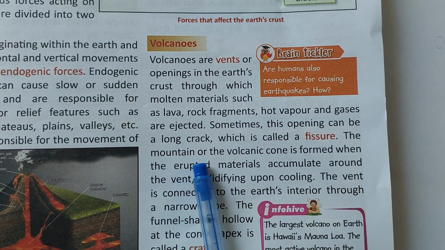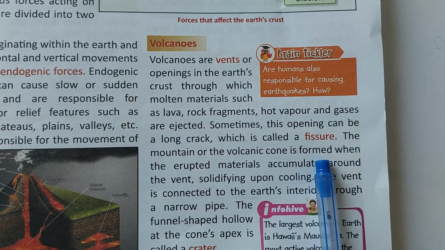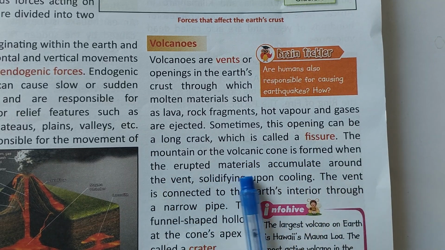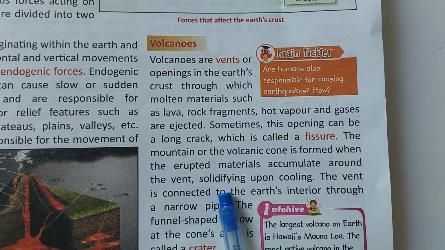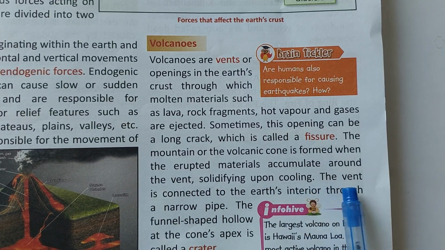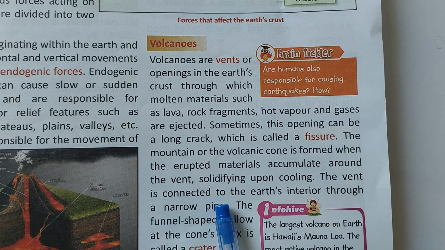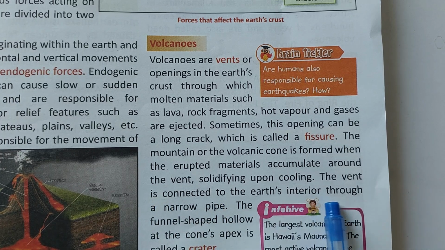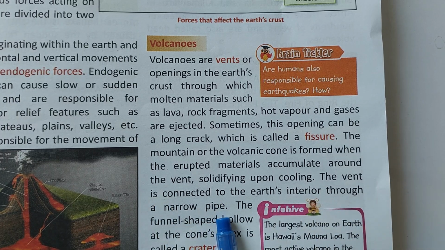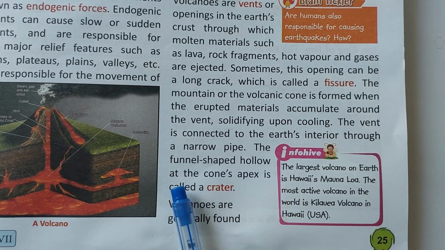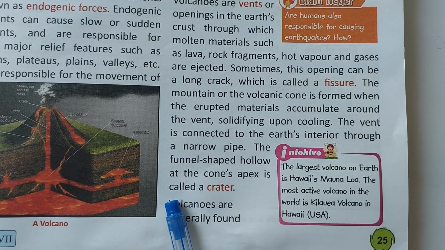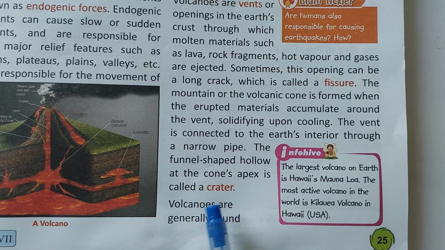The mountain or the volcanic cone is formed when the erupted materials accumulate around the vent, solidifying upon cooling. The vent is connected to the Earth's interior through a narrow pipe. The funnel-shaped hollow at the cone's apex is called a crater.